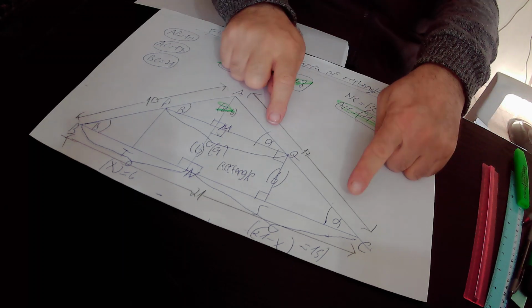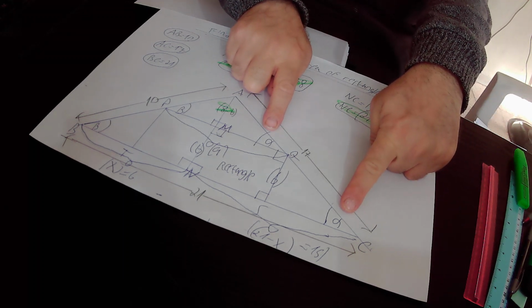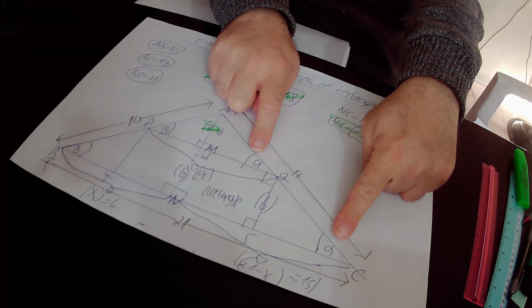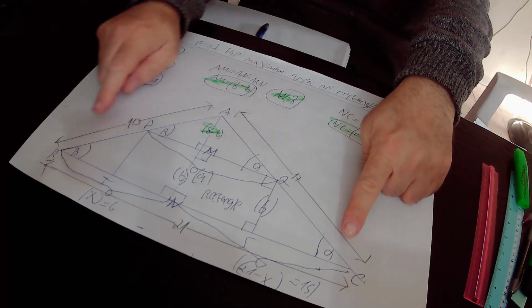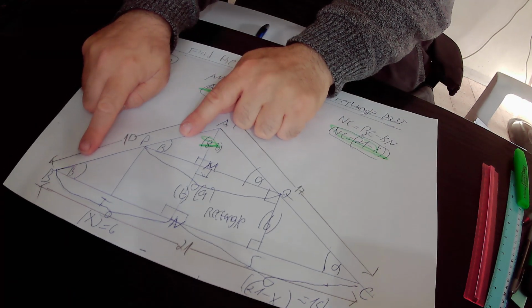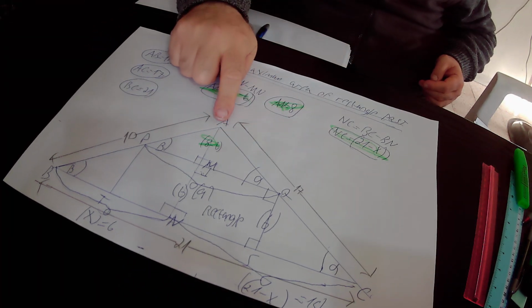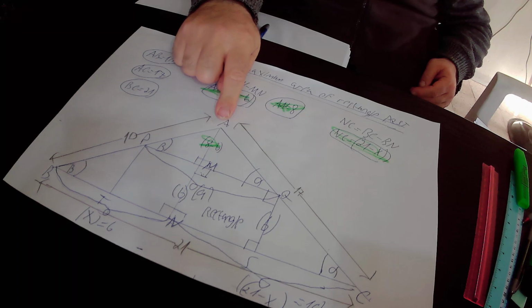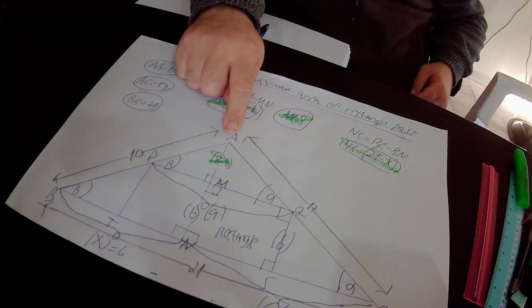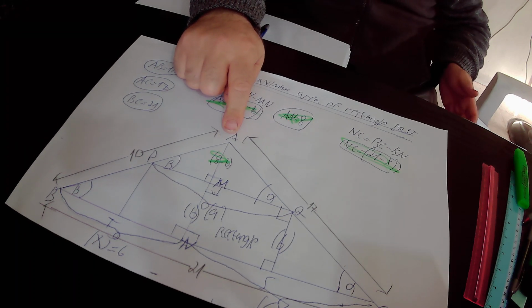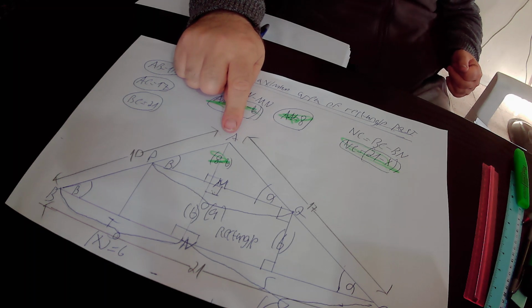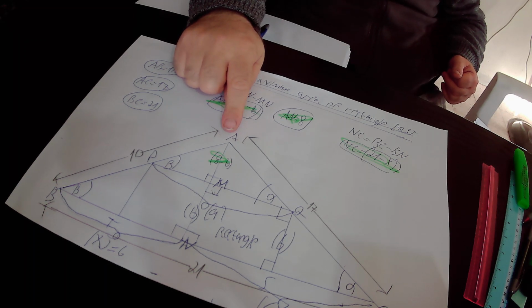First of all, those angles are both equal to alpha, and therefore they are equal to each other. In addition, those angles are both equal to beta, and therefore they are equal to each other. And finally, this is angle A. It is a common angle that belongs to both triangles.